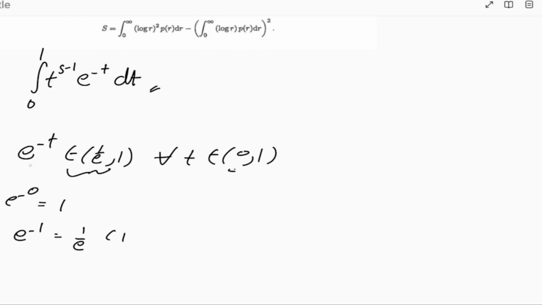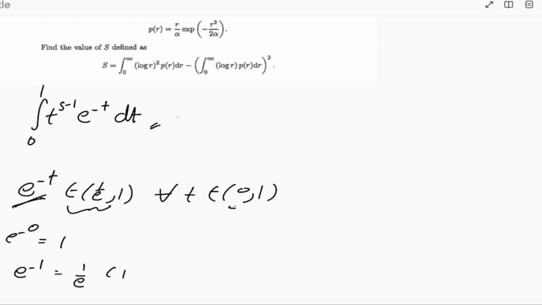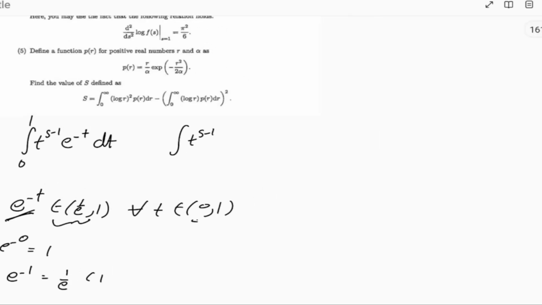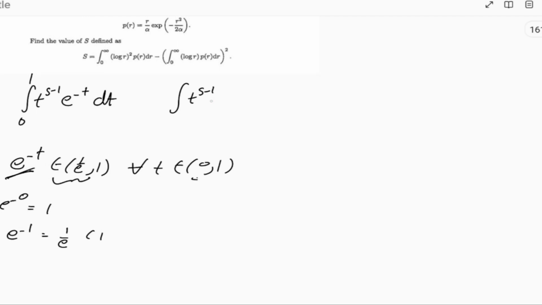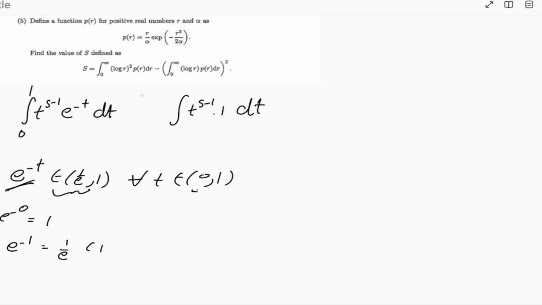So the point is that it's always less than 1. So if I write a new integral with t^(s-1) and replace e^(-t) with 1, then this integral is always bigger than the one on the left, because for this whole range of t, this term is bigger than this term.